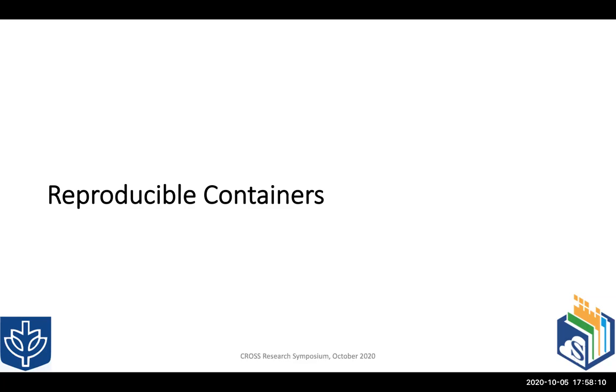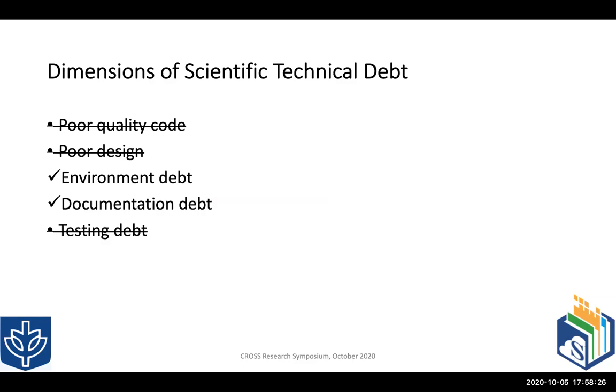Containers have become very popular in DevOps, but we need to make them useful for reproducible science so that we can pay technical debt with as little human intervention as possible. In today's talk, I'm going to lay out the vision of such a container, and I'm going to focus on two kinds of debt: the environment debt and the documentation debt.